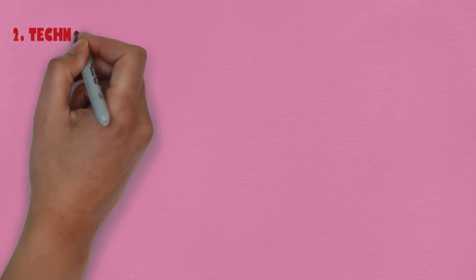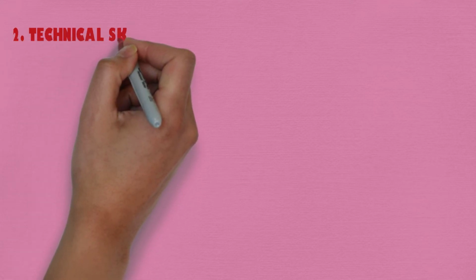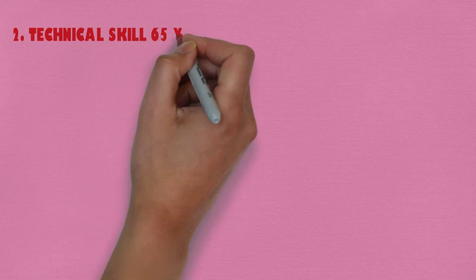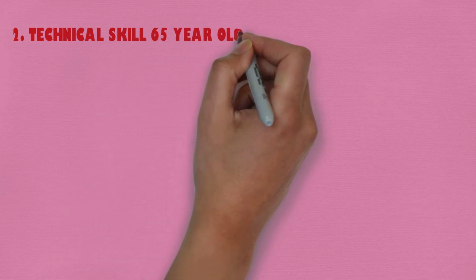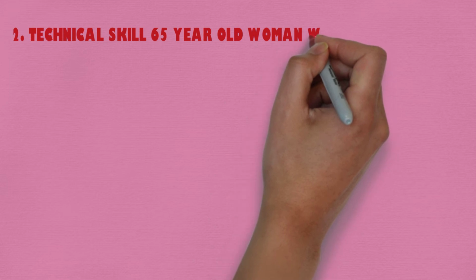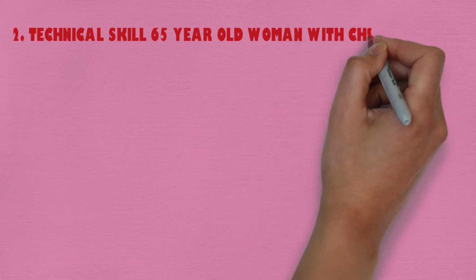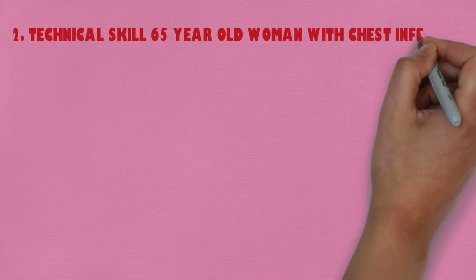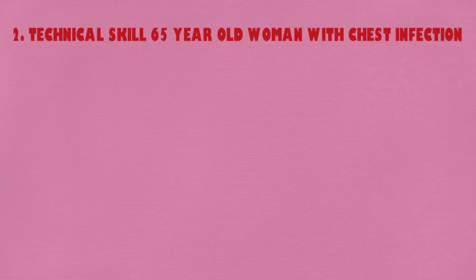Then the second scenario is also related to chest infection. Here it's a technical skill: a 65-year-old woman with chest infection. Here they are going to check your technical skill, which means some procedure you have to do.